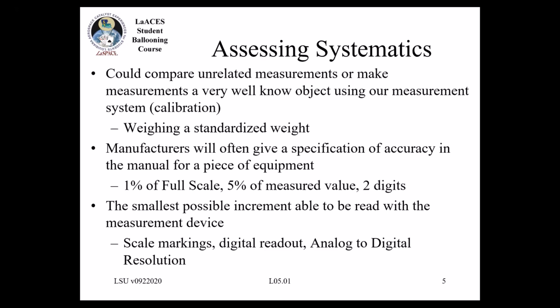But that also depends on how big those increments are. It's a lot easier to tell the difference between a quarter of an inch and a half of an inch, as opposed to a quarter of a millimeter and a half of a millimeter. But the general rule of thumb is use half an increment if you think that you can see halfway between the marked values.